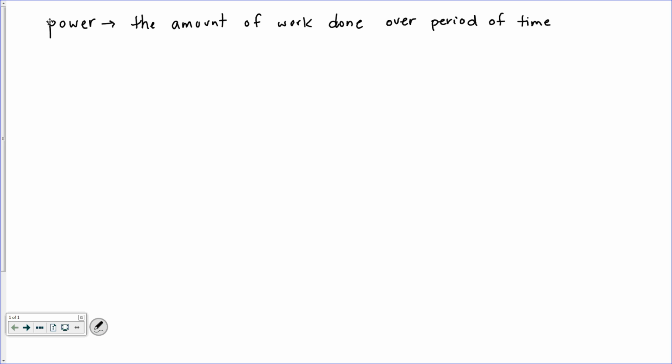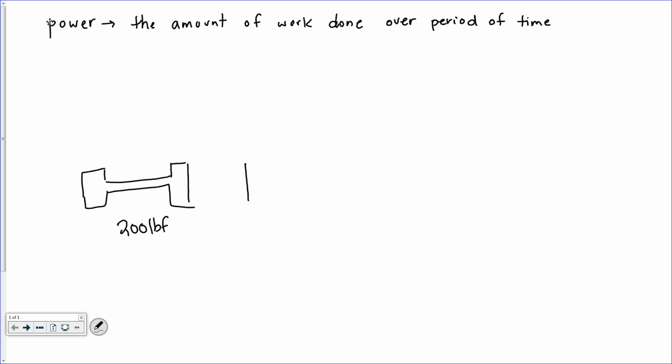Work had nothing to do with time, right? It was force, it was distance, but it had nothing to do with time. But power relates work to time. So for instance, let's imagine that we go to the gym and we have these barbells and they're incredibly heavy, and I don't know, maybe they're like 200 pounds or something like that. Okay?